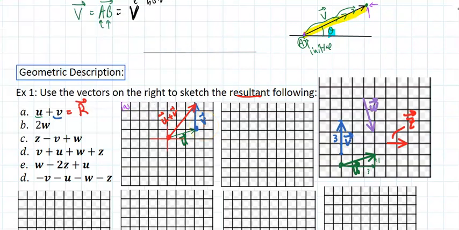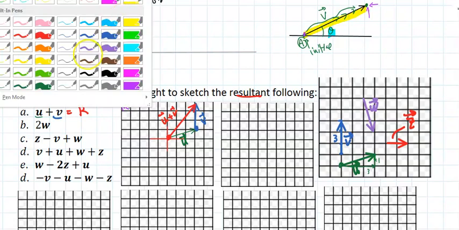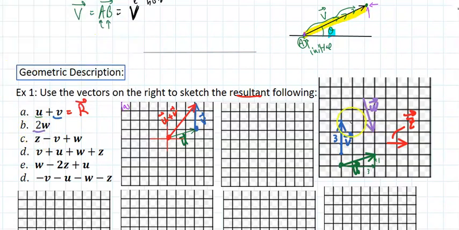Now look at w, in purple, and 2w. I'm going to start that vector, and again, you could start anywhere you want. Normally you start at the origin, but let's say we start right here again. Any item you drop on w is shifted 1, 2, 3 down and 1 to the right.